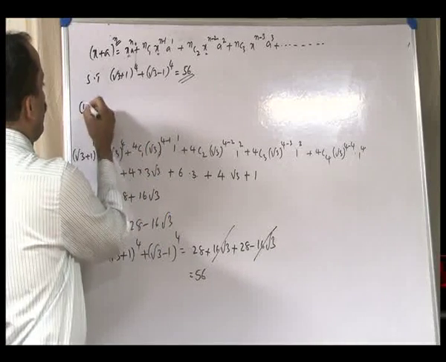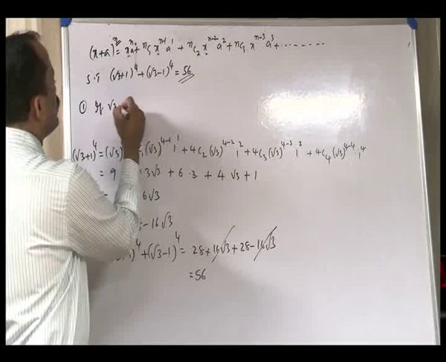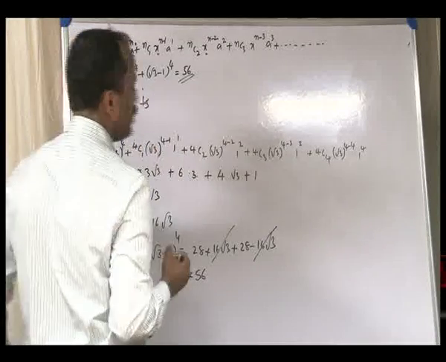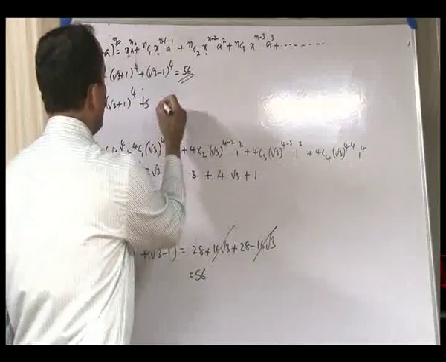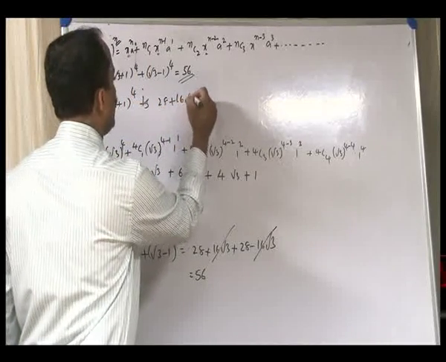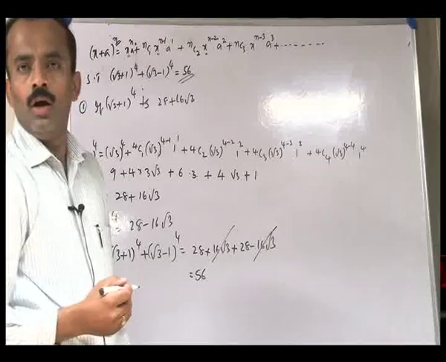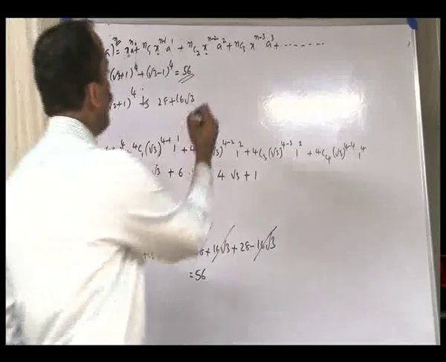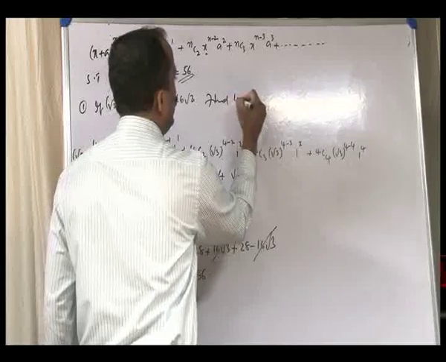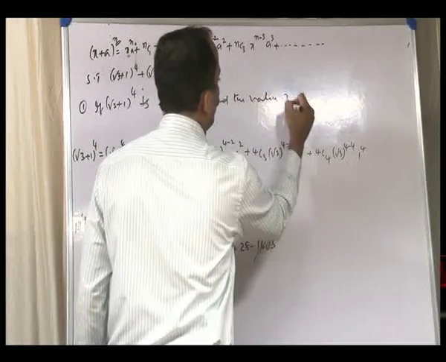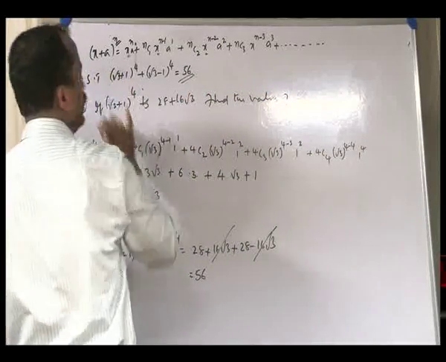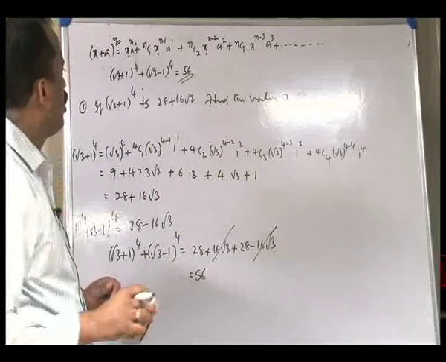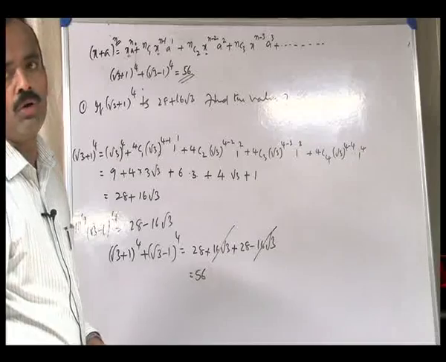See, the problem: if (√3 + 1)^4 is 28 plus 16√3, find the value of (√3 + 1)^4 plus (√3 − 1)^4.